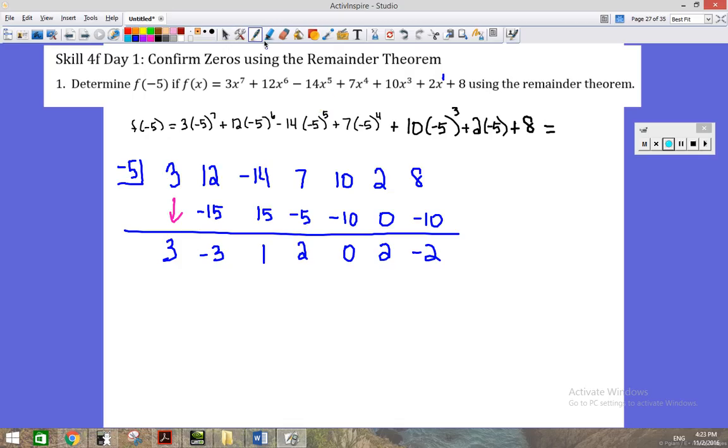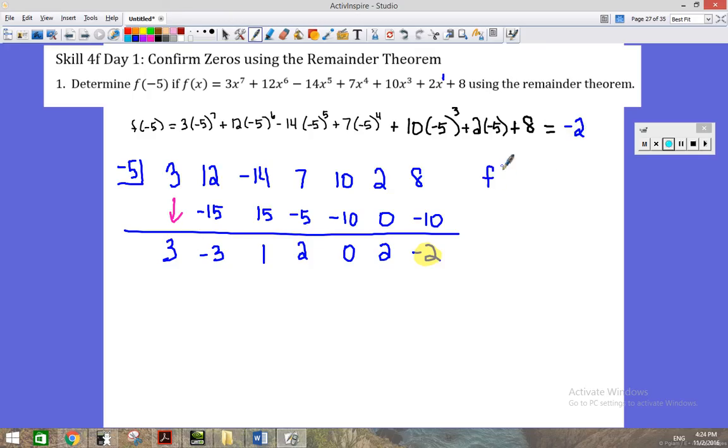Now, that -2 is the remainder for this division problem. Remember, synthetic division is a division. The synthetic division just allows us to do it in a compact form, just using these coefficients. So I claim now that if you were to take a calculator to do all this arithmetic, you're going to get -2.